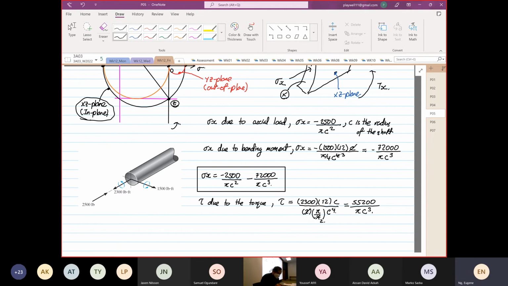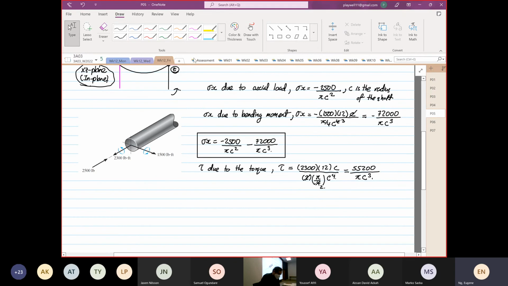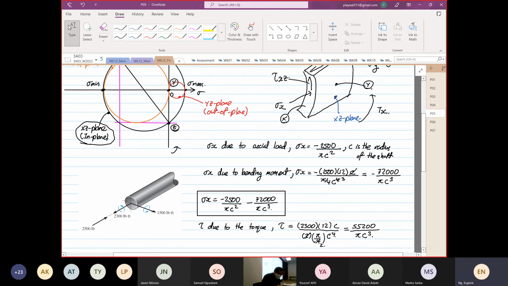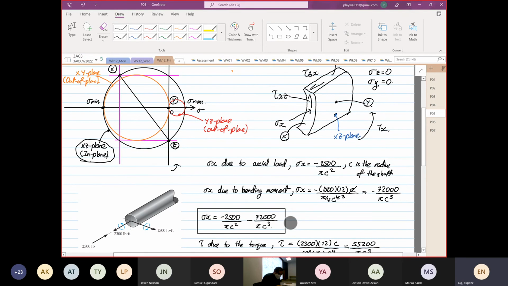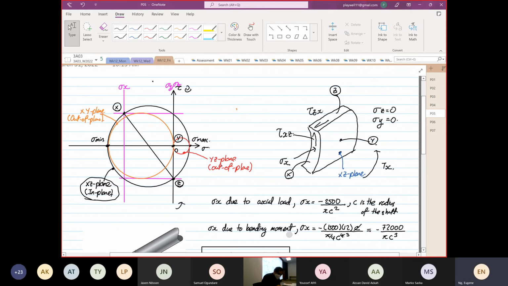So if now I were to construct the element in 2D, we have our compression. Let me look at our orientation. I do apologize.